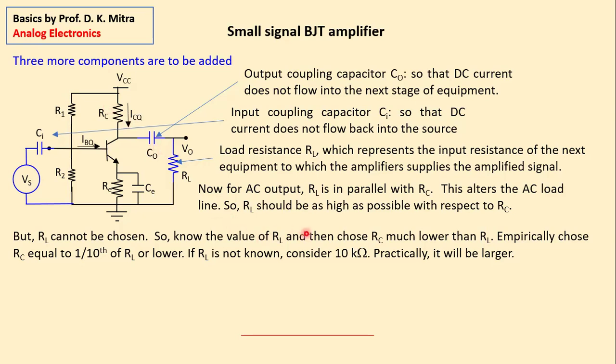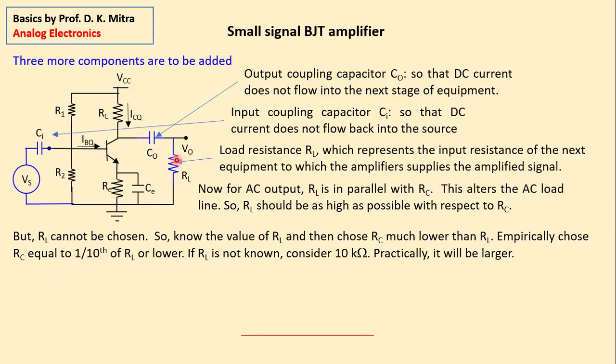And if nobody tells you what is the value of RL, then what do you do? You empirically choose for your design RL to be around 10 kilo ohm, because for all practical purposes, the input impedance of all such electronic equipment is much more than 10 kilo ohm.